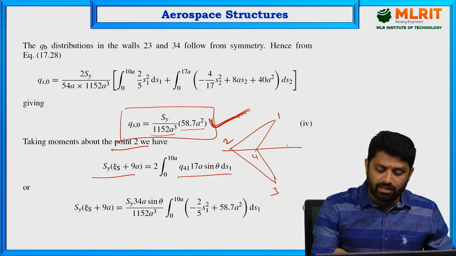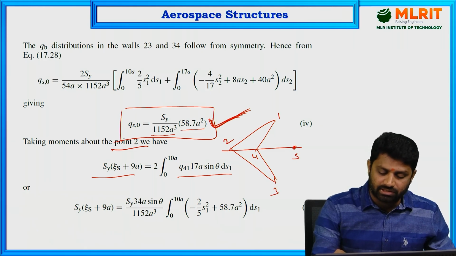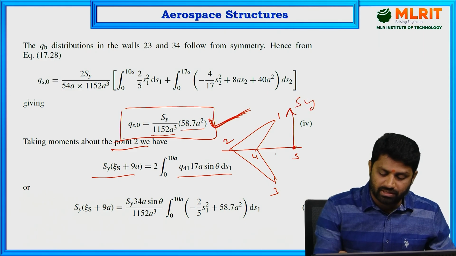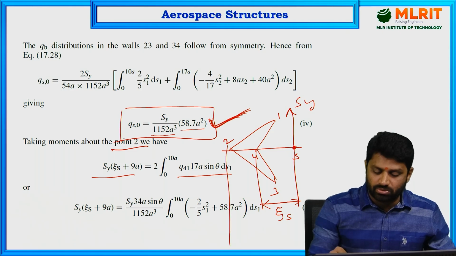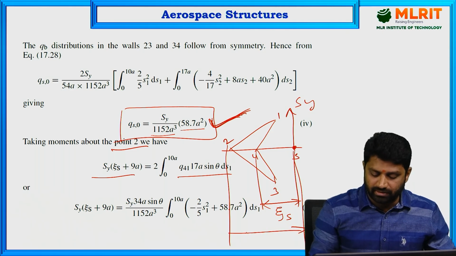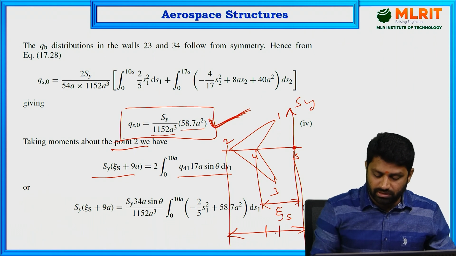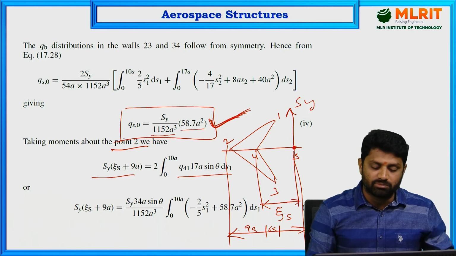Somewhere here we considered the shear center, here we assumed Sy, and from here to here we have assumed it as zeta s. The total length is 15a, from here to here 6a, and here it is 9a. Now we are taking moment about 2.